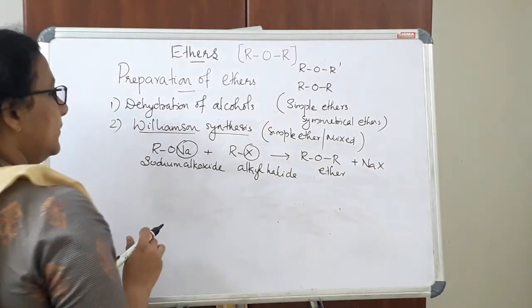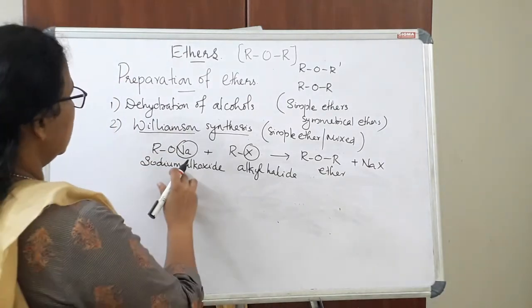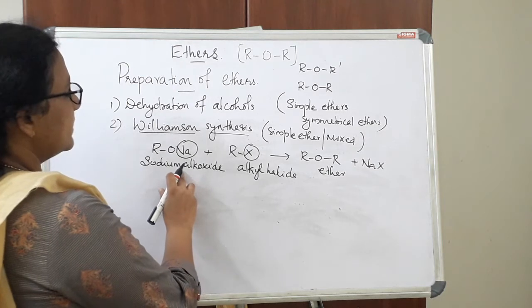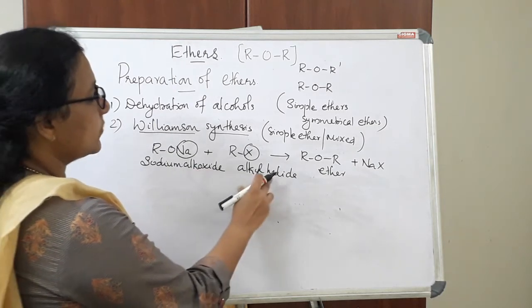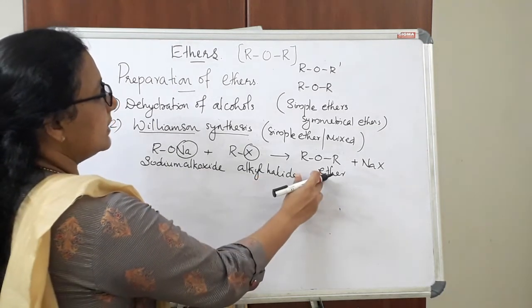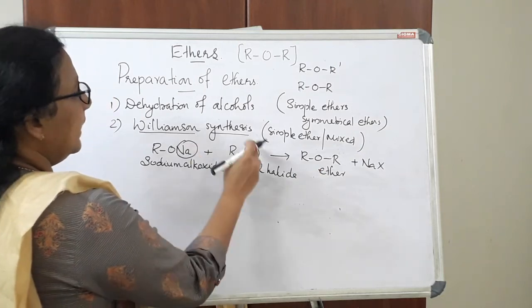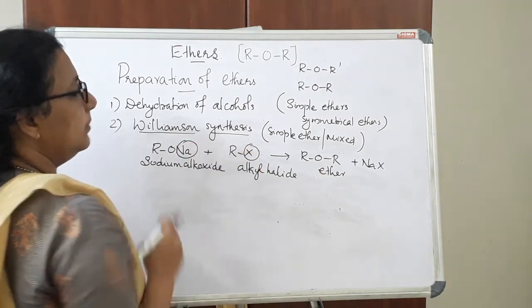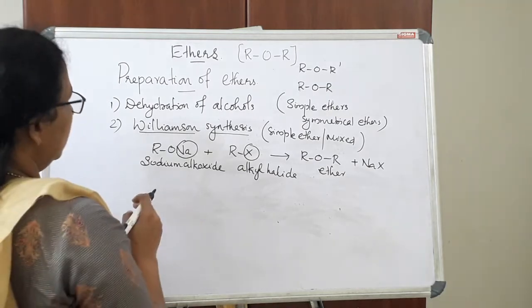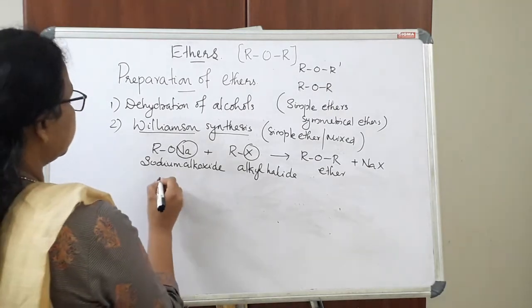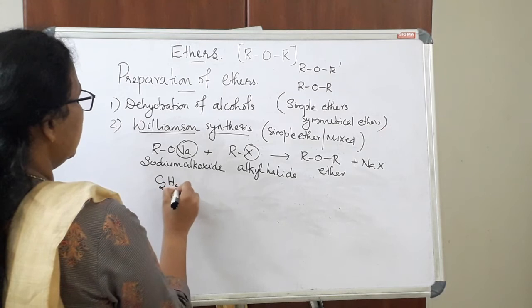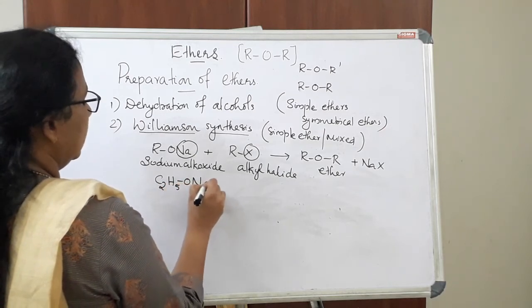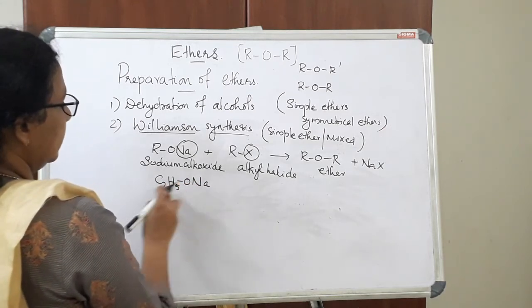So this is the method for Williamson synthesis. Sodium alkoxide reacts with alkyl halide, we get an ether, and NaX, sodium halide, will be eliminated. Here we will take one example. If it is C2H5ONa, this is sodium ethoxide.